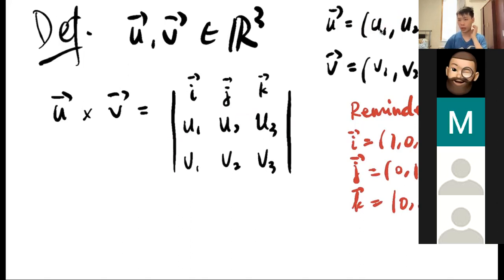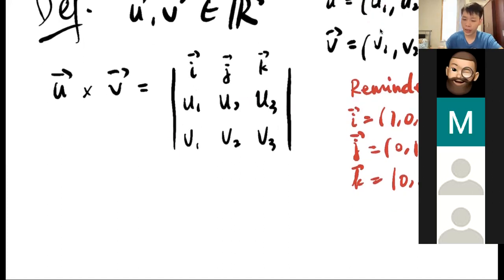And then you just compute the determinant for this matrix. When you break it down, you do the same thing: you delete the row and column associated with vector i.